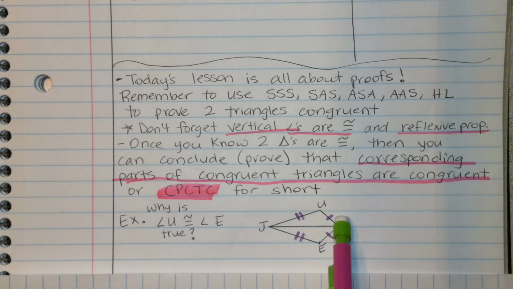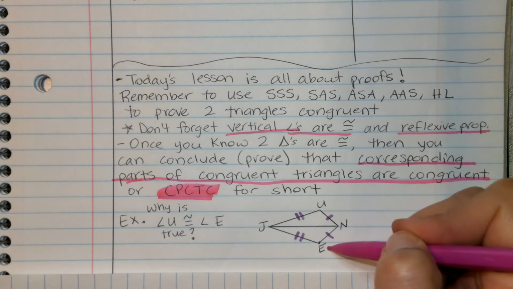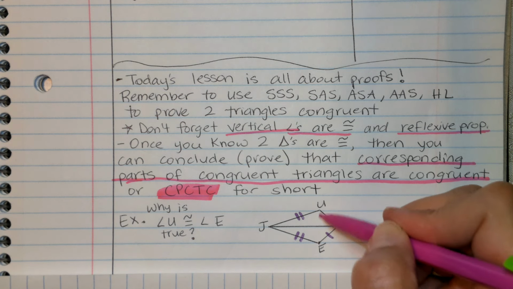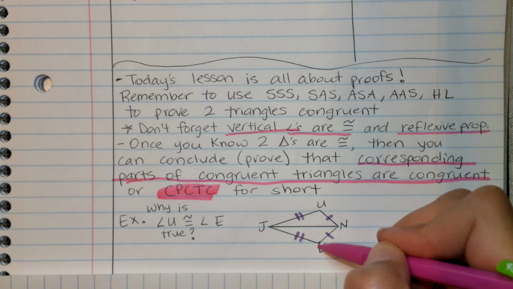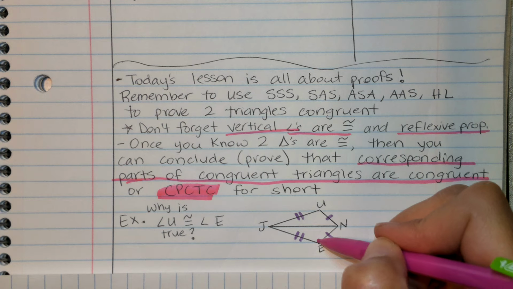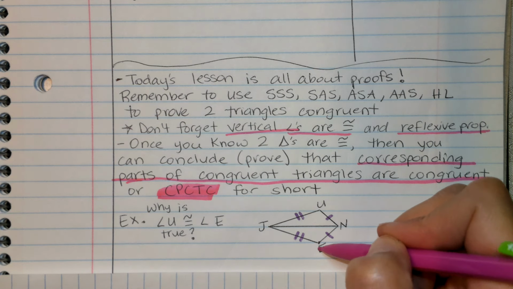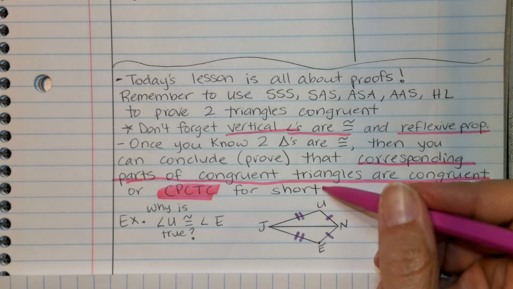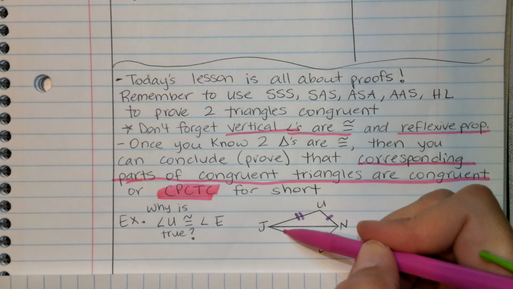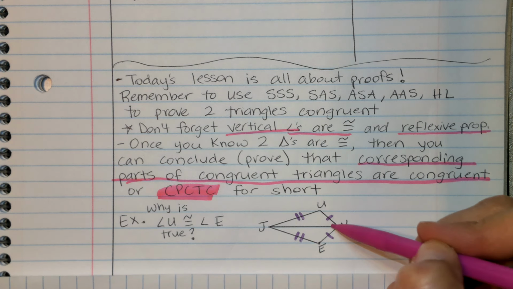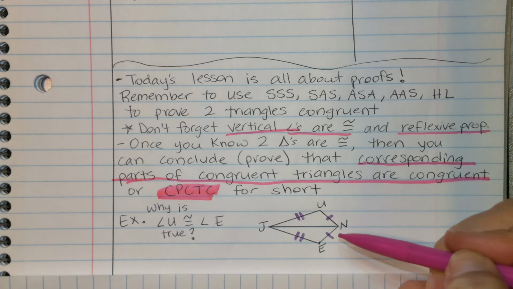And once we have proven that the triangles, the top and the bottom triangles, are congruent, then we could say that angle U is right here and angle E is right here, that they are corresponding parts. See how they match? They're like the same angle, basically. Corresponding parts of congruent triangles are congruent. We could also say that about this angle down here and this angle down here, or this angle over here and this angle over here.